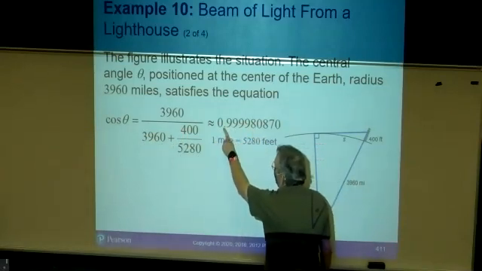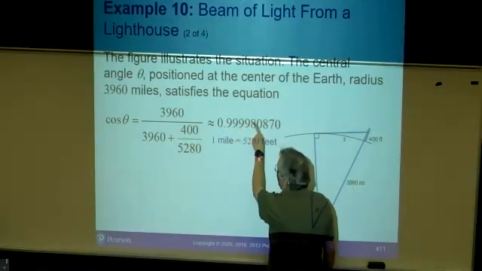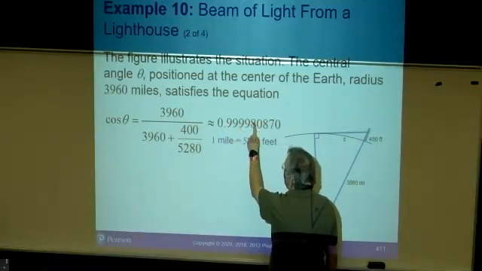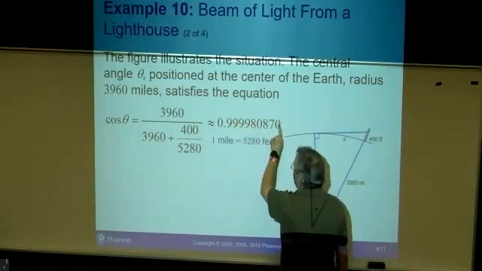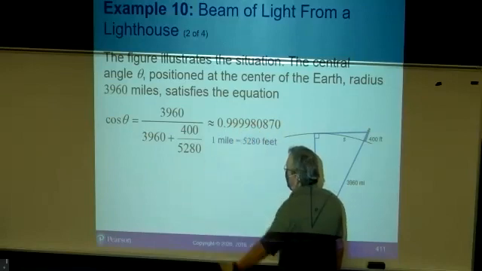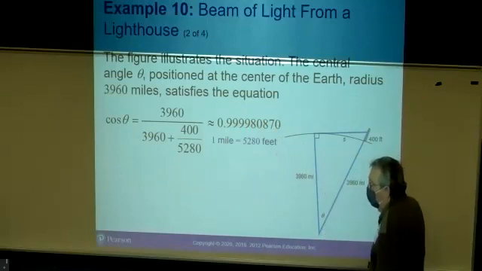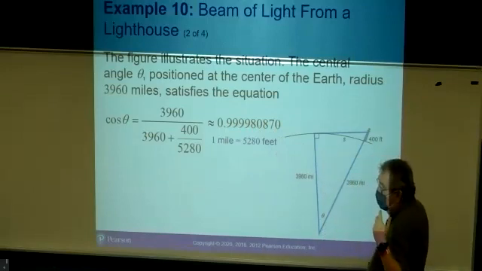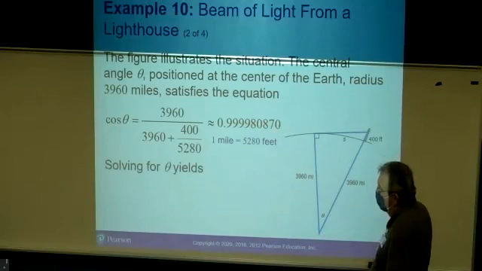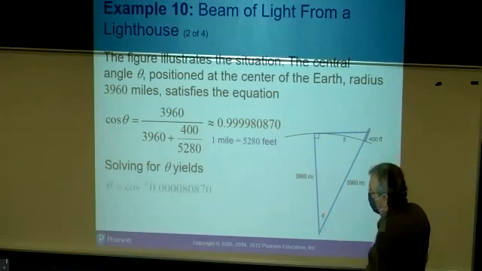So I would use these 5 decimal places, if not all of these decimal places, to do my calculations with, because it is so close to 1, you might have problems using it. And so solving for theta, we do the cosine inverse of that number.